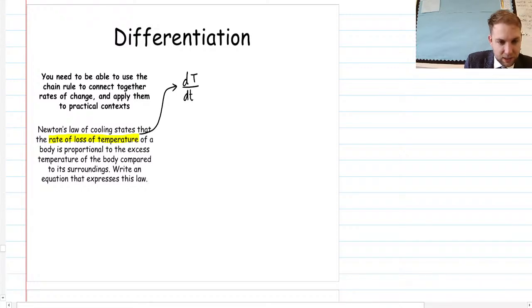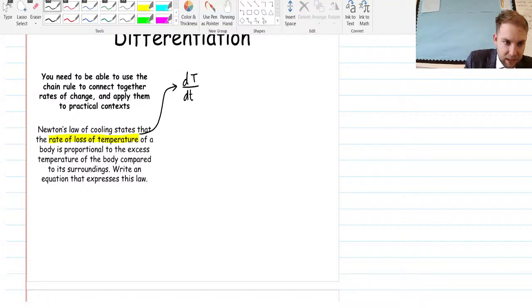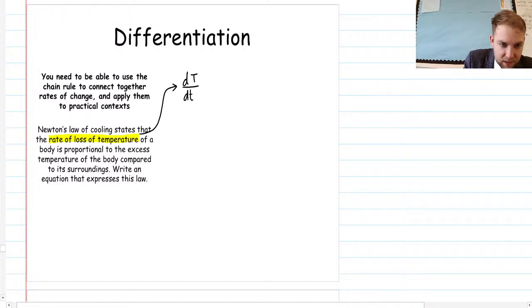Now I probably wouldn't actually use T, because it's the temperature, so I'd probably use theta. So I'm just going to change that. I'm going to call it d theta by dt.